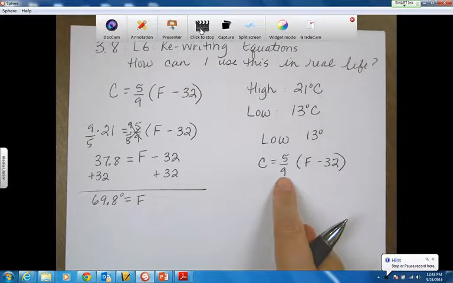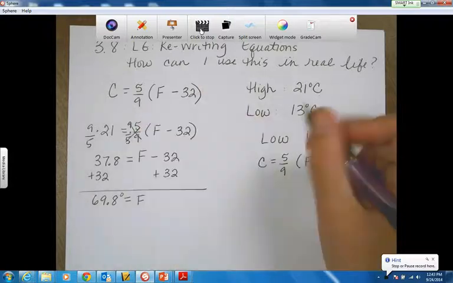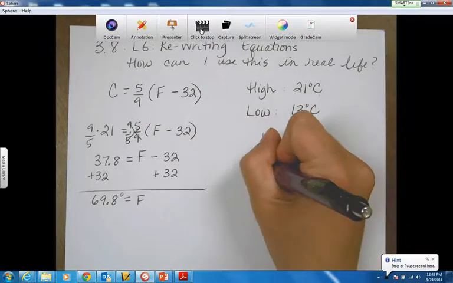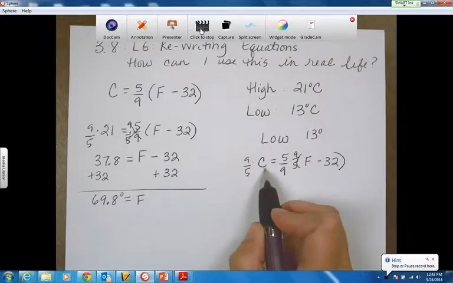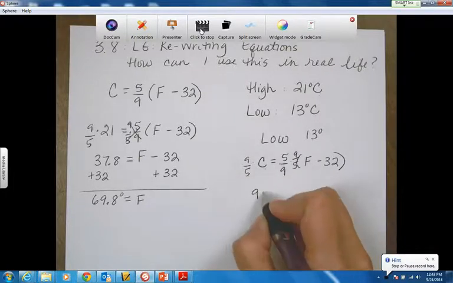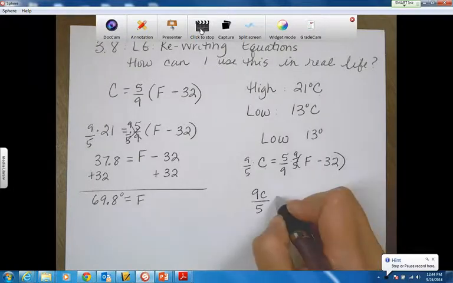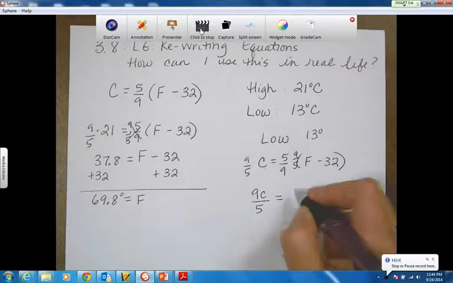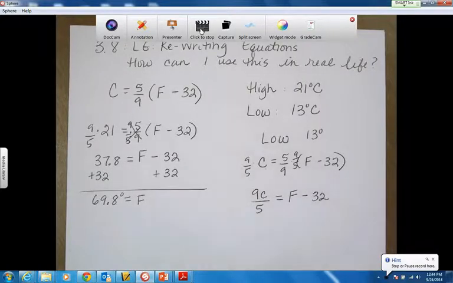So then that would give me 9/5 C, or I could write it 9C over 5 equals F minus 32. And then now I would add 32 to both sides. All right, so now I have 9C over 5 plus 32 equals Fahrenheit.